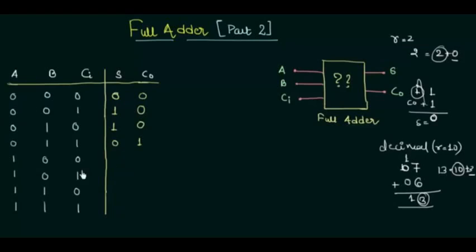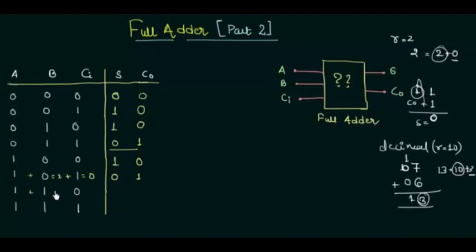circuit part. Now in this fifth case, A is 1, B is 0, so 1 plus 0 is 1, and Ci is 0, so 1 plus 0 is again 1. Sum is 1 and carry output is going to be 0. Let's do it. 1 plus 0 gives you 1, and 1 plus 1 gives you 0. So the sum is 0 but the carry is 1, like this case.